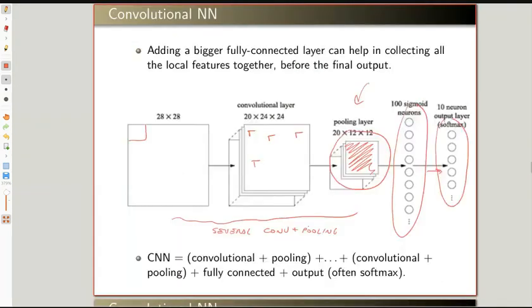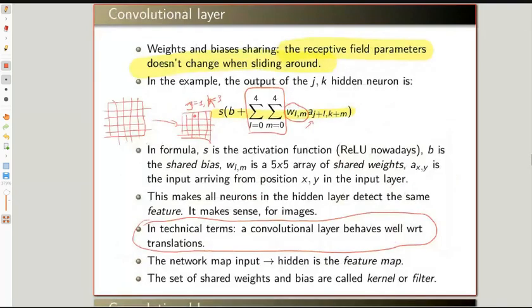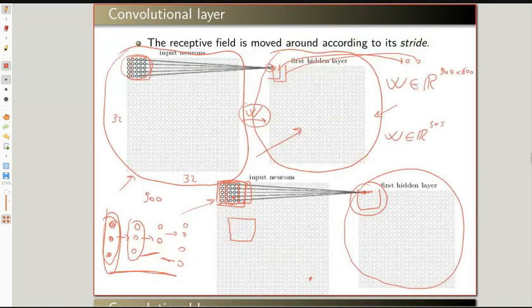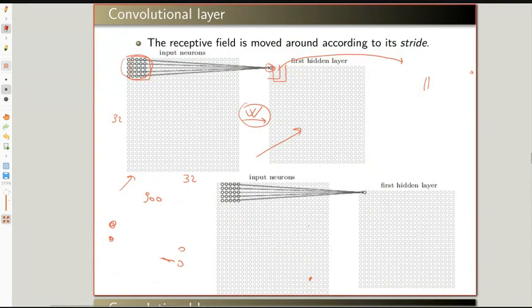Okay. So an important thing is that the convolutional layer is equivariant with respect to translations. And why is that? Because of the weight sharing.